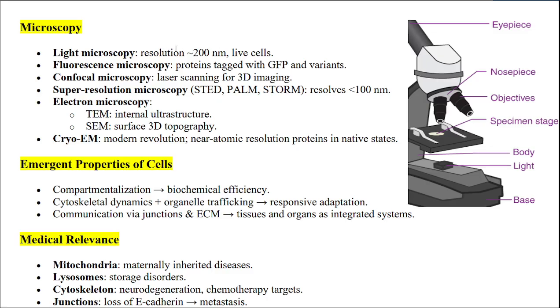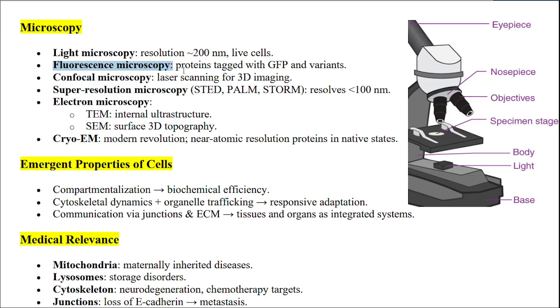Our starting point, basic light microscopy, is great, but it hits a fundamental limit. Because of the wavelength of light, you just can't resolve details much smaller than about 200 nanometers. So you can see cells, maybe the nucleus, but not the really fine details inside. Right. To see organelles and smaller structures clearly, we needed ways to make specific parts stand out. That led to fluorescence microscopy. Using glowing tags. Exactly.